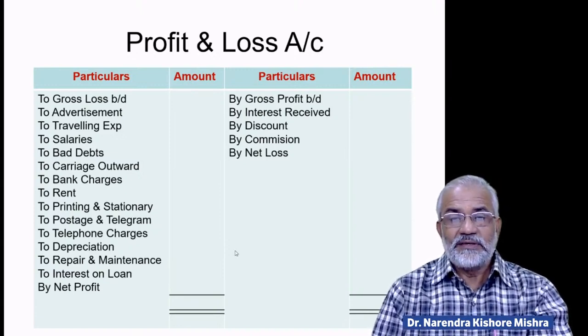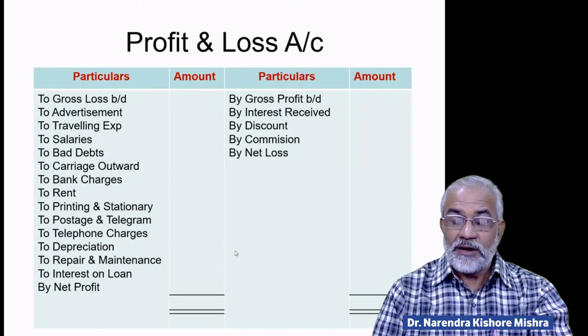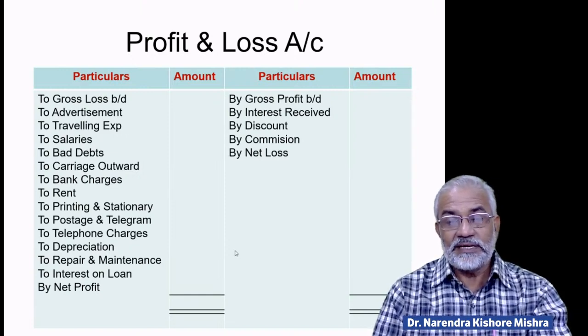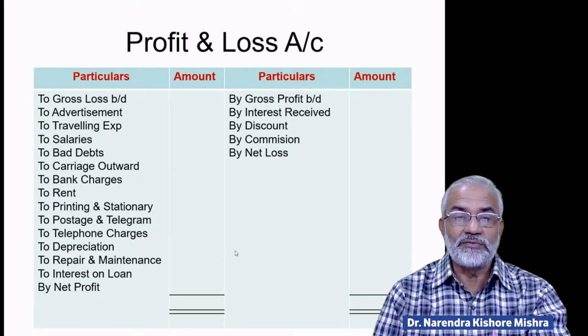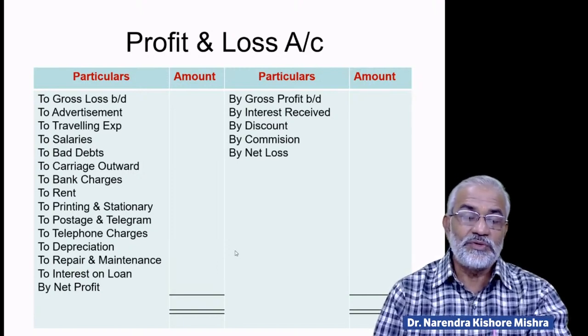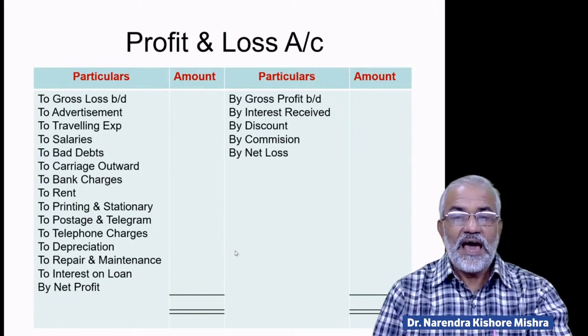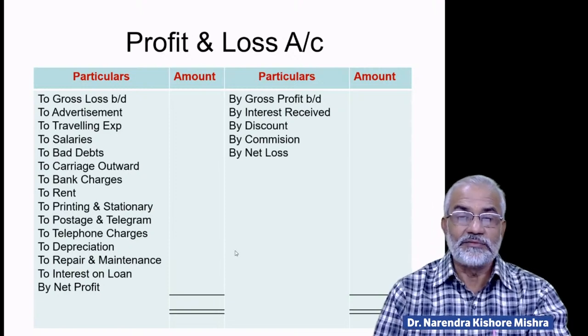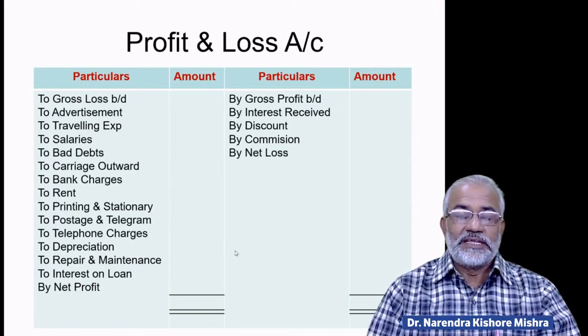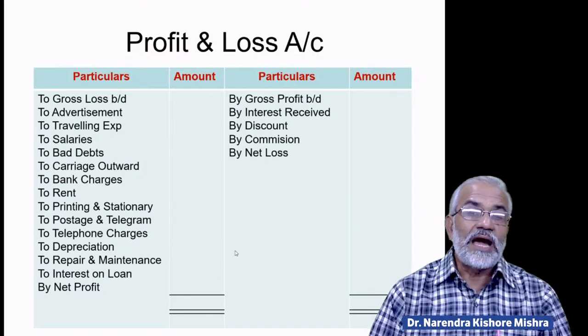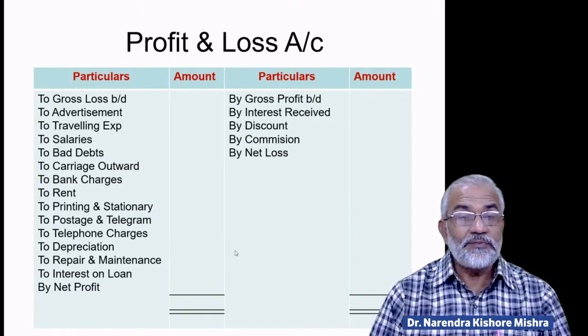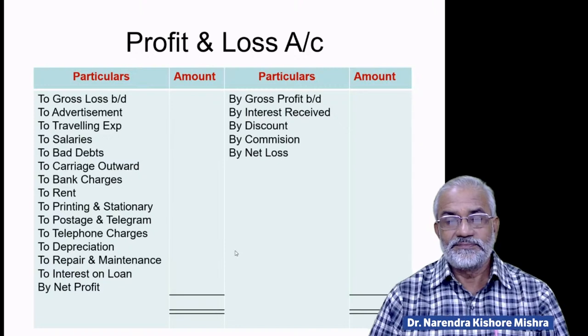If the balancing figure appears on the credit side of the profit and loss account, that would obviously be the net loss, because the expenses are in excess of the incomes shown in the profit and loss account. So the resultant of the profit and loss account would be either net profit or net loss.